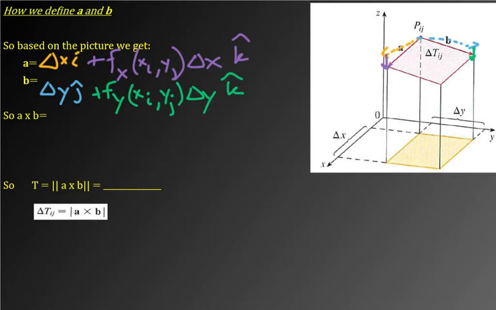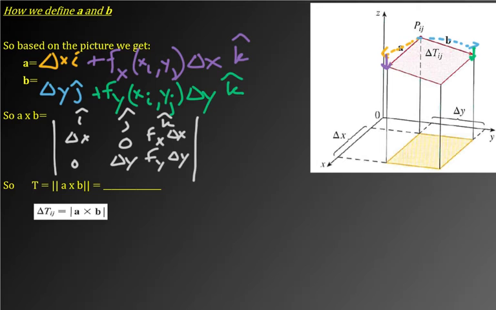And so then, if I just do a cross product, I would get this. Here I'm saving myself a little bit of time by not putting in the evaluation, f sub x and f sub y are just numbers evaluated at that point. So if you go and compute the cross product, you would get this.